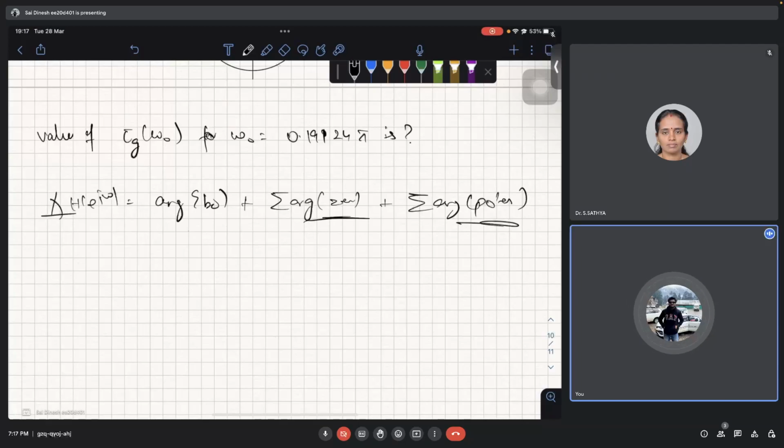Then we know the locations of the poles and zeros, so how do we find that? Just have to think about it.